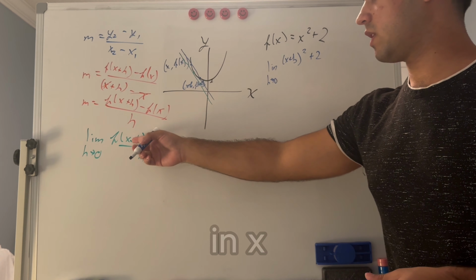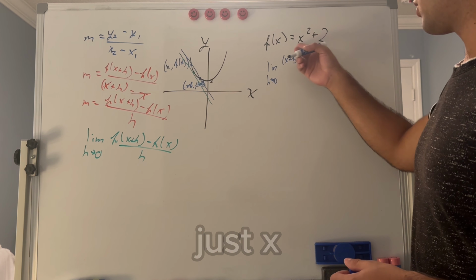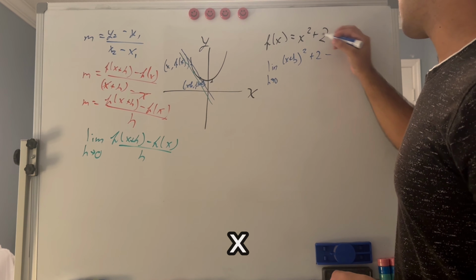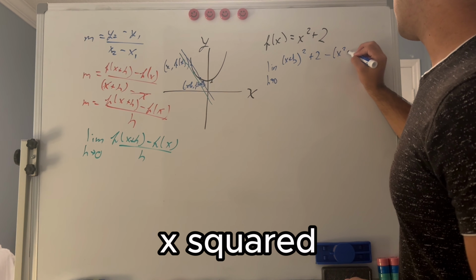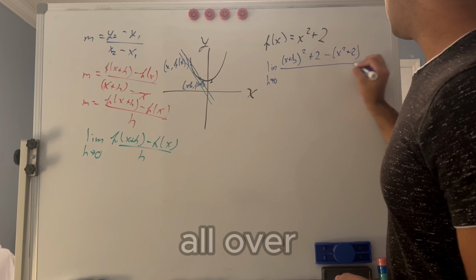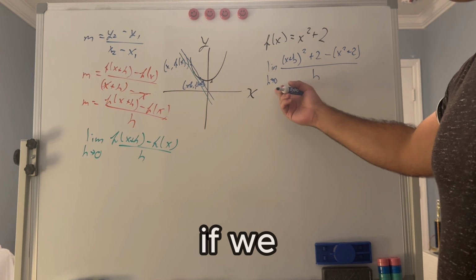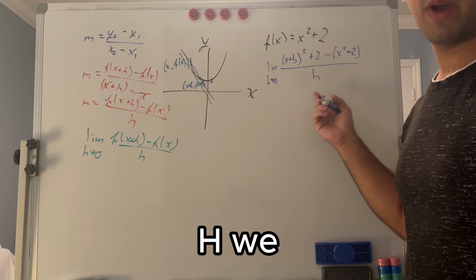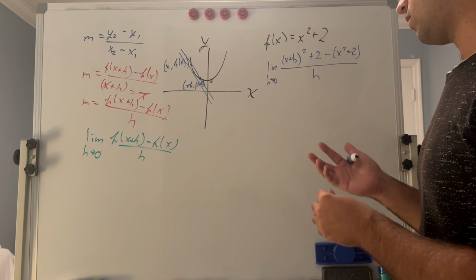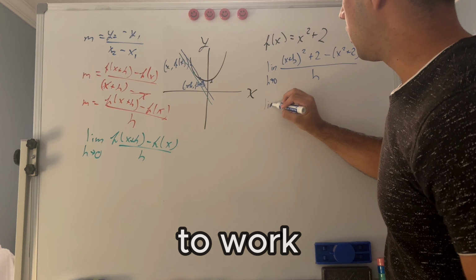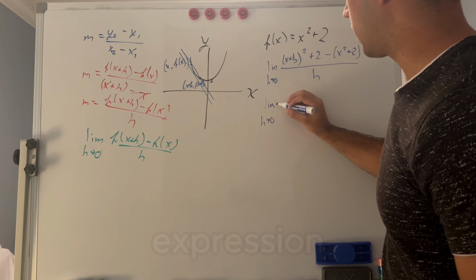Here, I just plugged in x plus h for every x that we had, minus f of x, which would just be x squared plus 2, all over h. Now, obviously, if we plug in 0 to h, we don't end up getting an answer. So we're going to have to work with our expression.